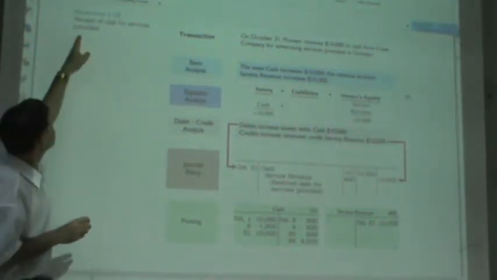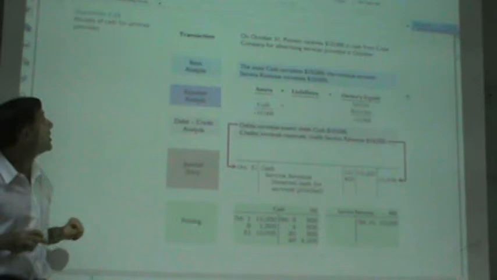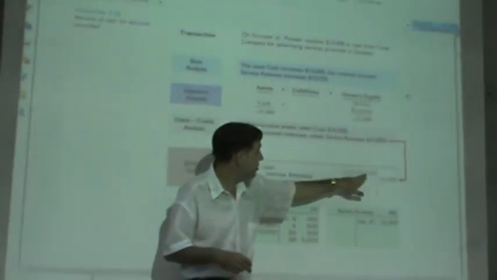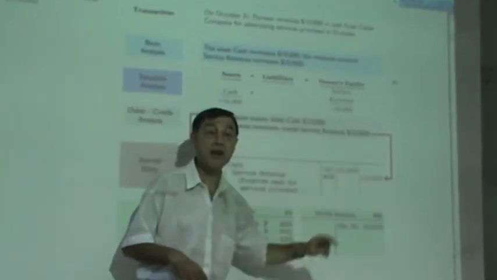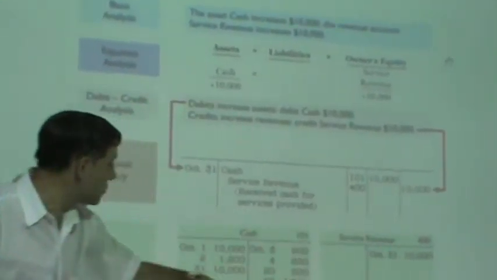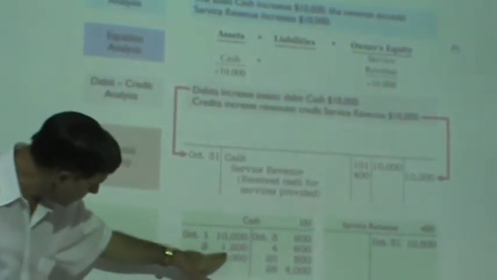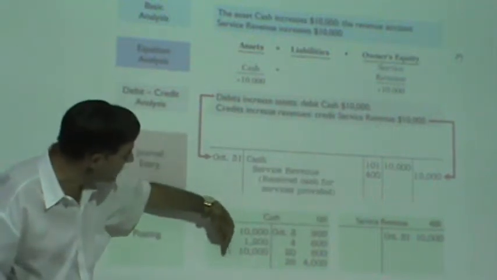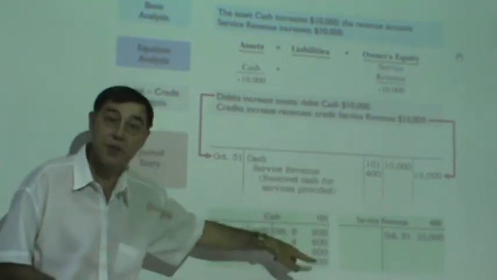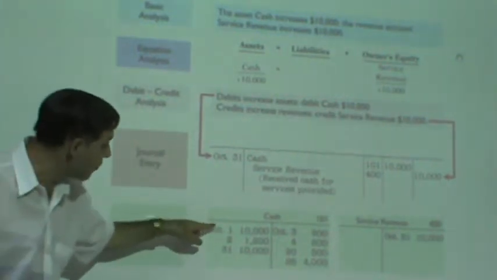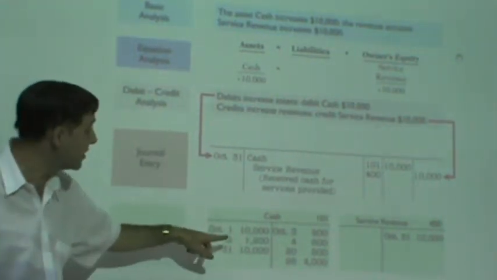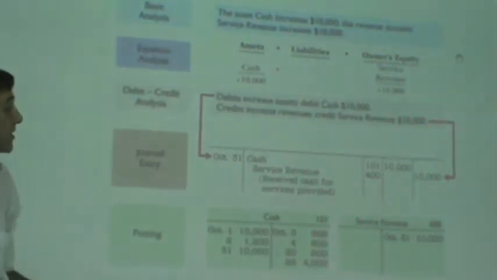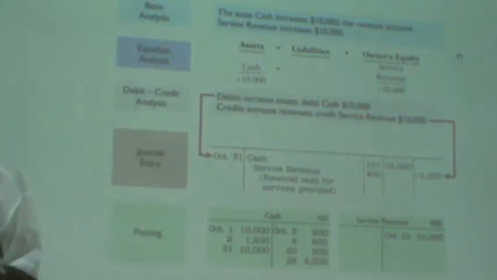So it will be debit cash, credit service revenue. The 10,000 cash goes to the debit is this one here. Also notice where you put the debits and the credits, you also add the date so you know what you're copying. You also add October 1, October 2, October 31, October 3, October 4, October 20, October 26. That's it. Service revenue. And that's the transaction.